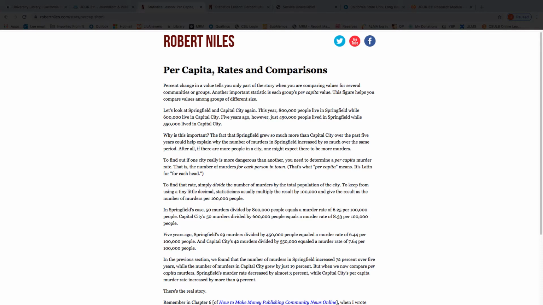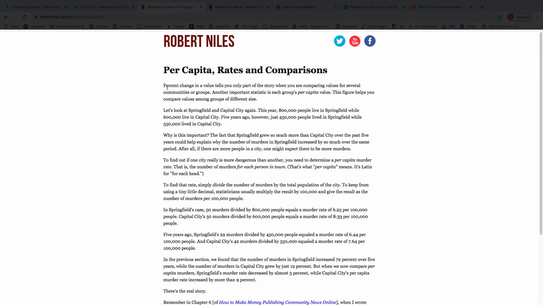Often these per capita rates will be provided for you, but as the COVID pandemic coverage amply shows you, at the very beginning of this, there were no per capita rates. They were just giving you raw numbers, and it was very confusing and very imprecise on where the problems were the greatest. There were many statistical issues that came along with the COVID statistics, but that was one of them, per capita.